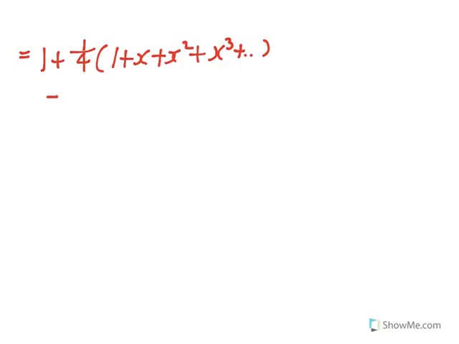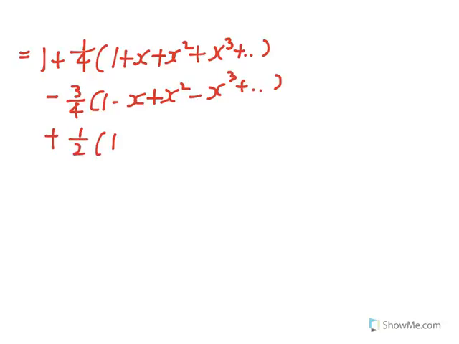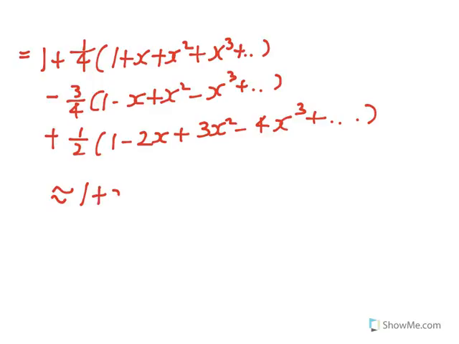Simplifying all the coefficients, you would get 1 plus 1 over 4 (1 plus x plus x squared plus x cubed), minus 3 over 4 (1 minus x plus x squared minus x cubed), plus half (1 minus 2x plus 3x squared minus 4x cubed). That will approximate to 1 plus x squared minus x cubed.